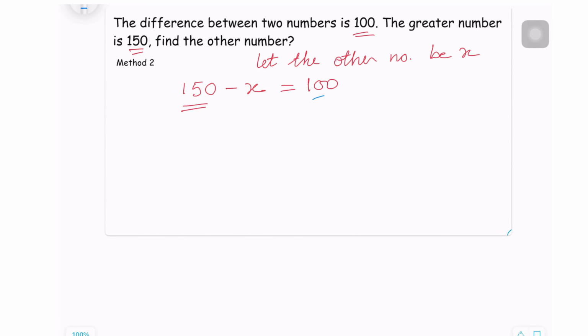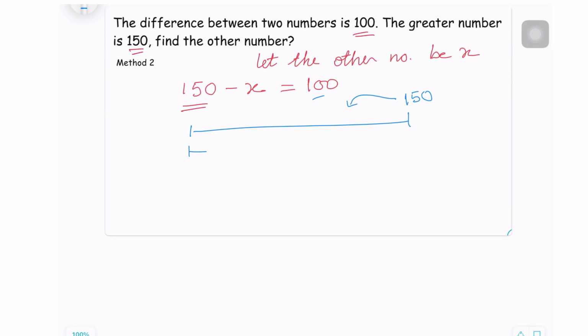Okay, so let's try to solve this question with the help of the line method. The question is saying that the difference between two numbers is 100. Greater number is 150. What is the other number? So same thing, the equation will be 150 minus x is equal to 100. The longest line will be of 150. Let's assume that this is the line of 150, so the whole line is 150. Now 150 minus x.